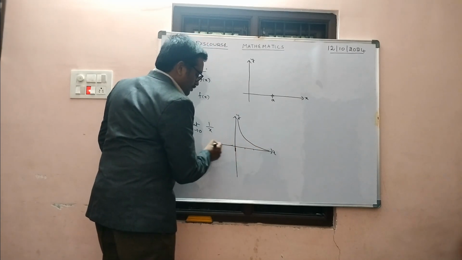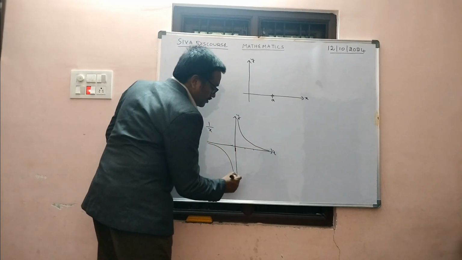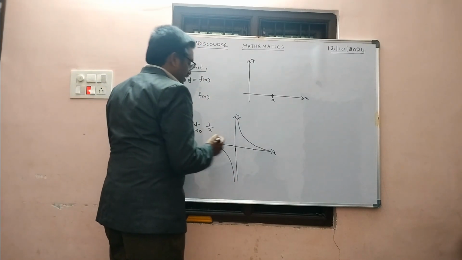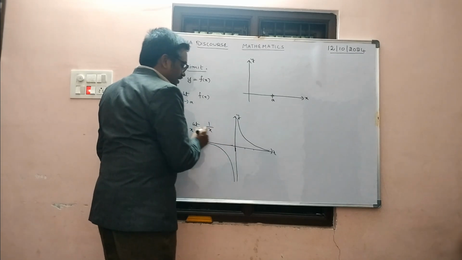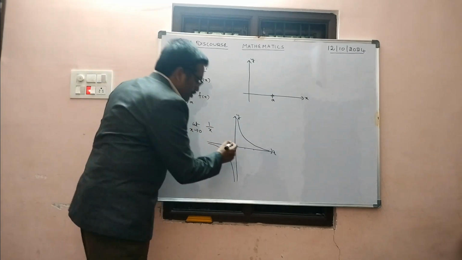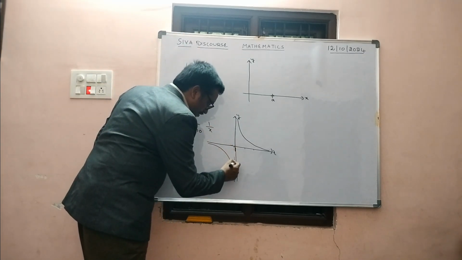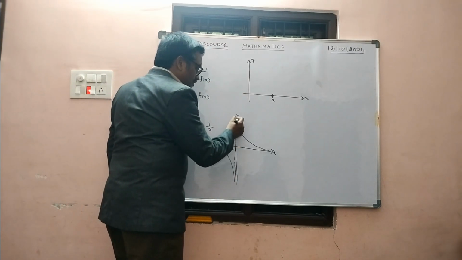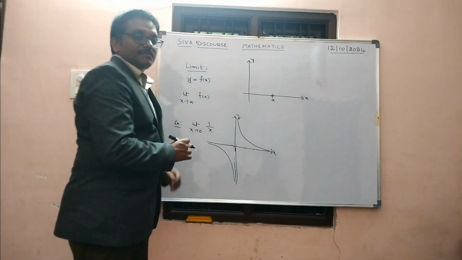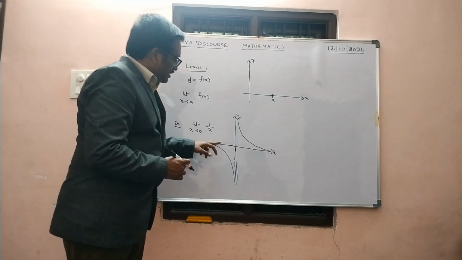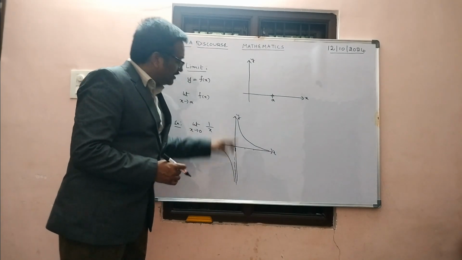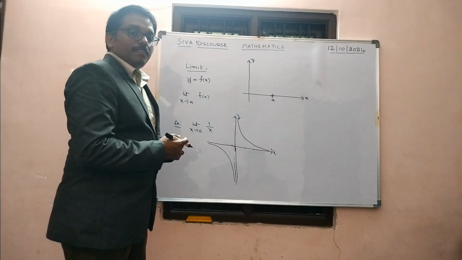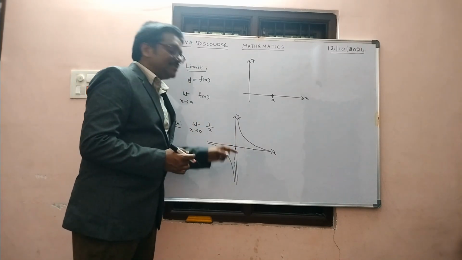Of course if we take negative values, we are going to get this graph. Now if you consider a is 0, at 0 we are trying to find the limit. At 0 minus, if you observe, the graph is approaching minus infinity. At 0 plus, if you observe, the graph is approaching plus infinity. Means here the function is taking jump from minus infinity to infinity all of a sudden at 0. Limit does not exist in this case.